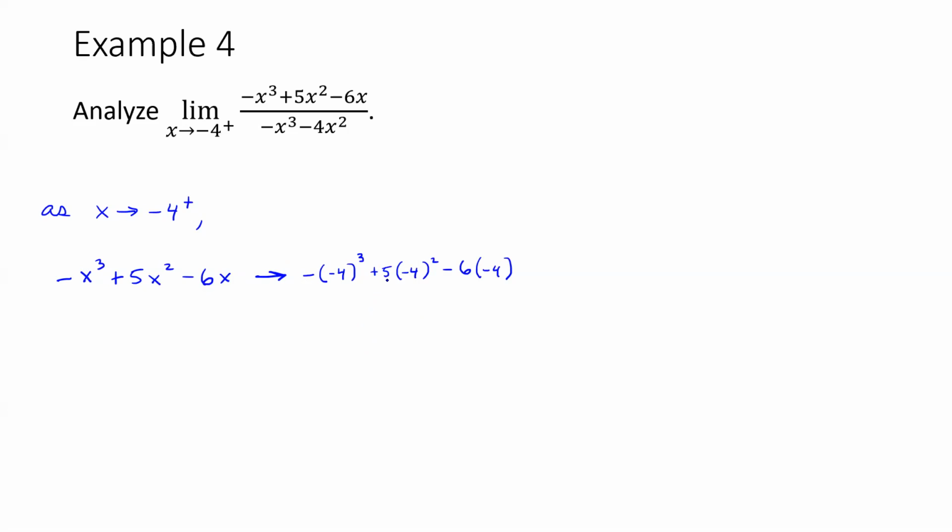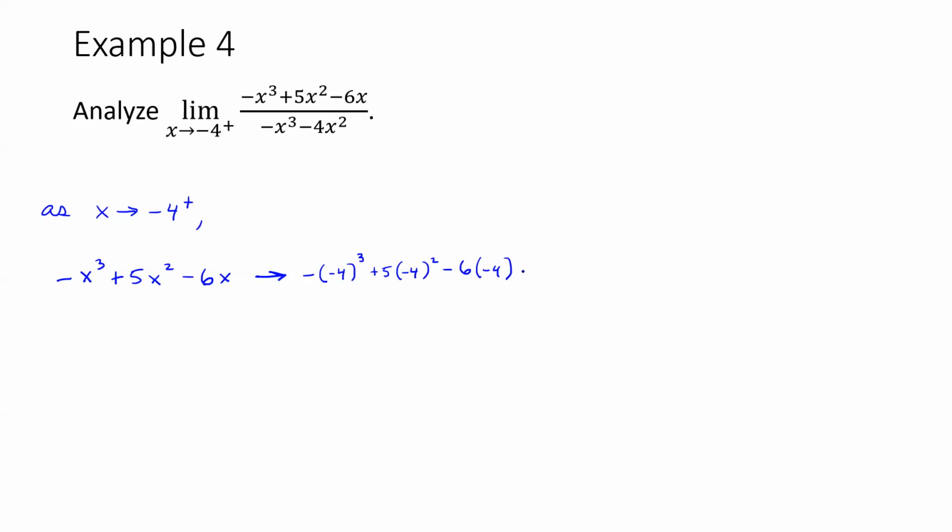Let me see. I'm not sure if I can do this in my head. So that's 64 plus 80. Would you like the answer? 24. Yeah, please. I got 168.